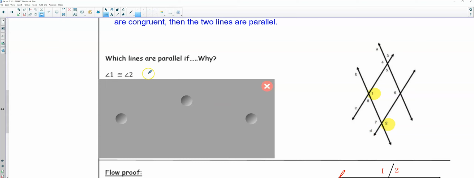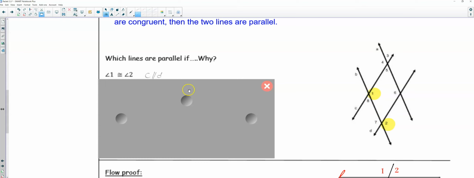Line C is parallel to line D. The transversal will be line B, right? Why? Because the converse of the corresponding angles theorem says that if the two angles are congruent, then these two lines cut by the transversal are parallel.